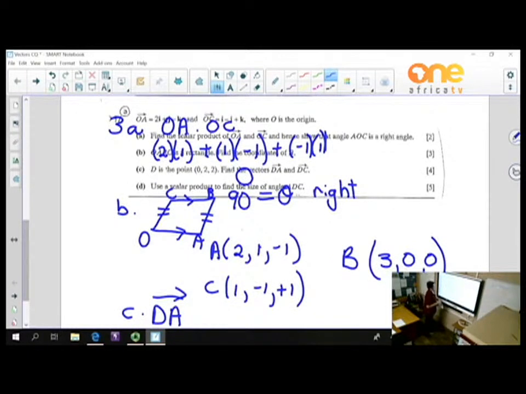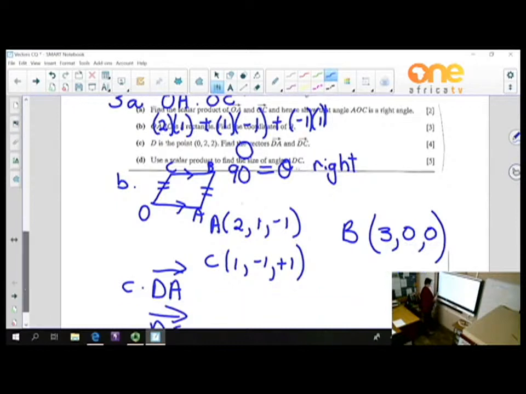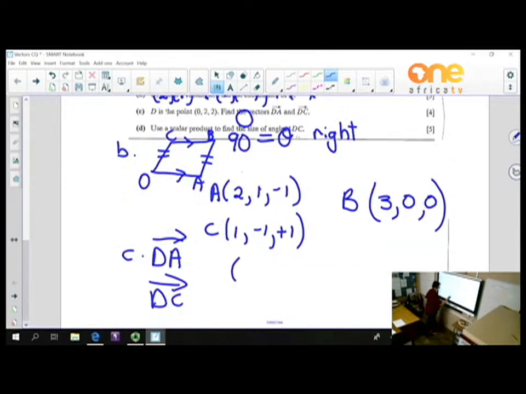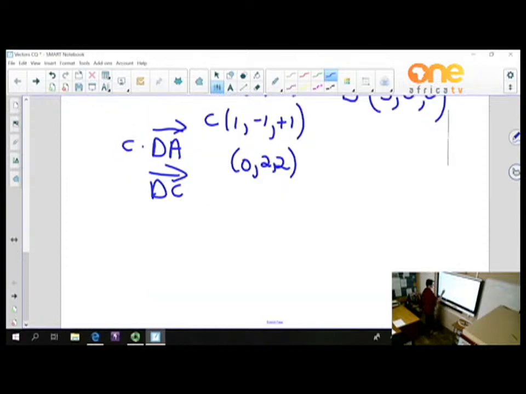Use the scalar product to first find DA and DC, and we have D's coordinates to be 0, 2, 2. So we're going to do the same thing now here. From 0 to 2, I'm going to move then with A. So actually, perhaps let's get the picture here. Here's the point D, which is 0, 2, 2.